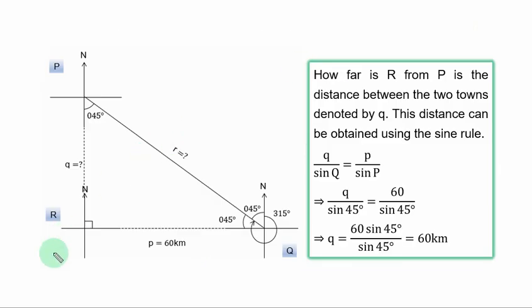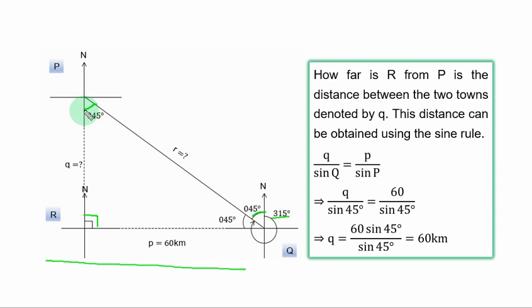This is the diagram as I have explained. Because R is south of P and west of Q, we have a complete quadrant here, 90 degrees. From this point to this point is 315 degrees. The remaining angle must be 45 degrees, which is equal to this angle, alternate angles.